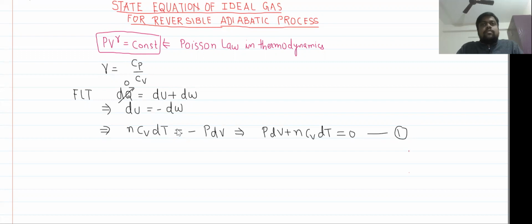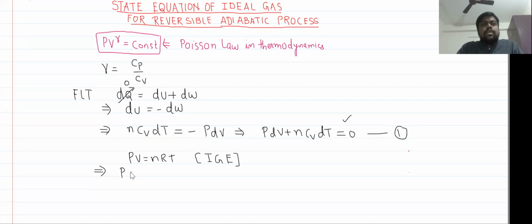Now, since there are so many variables here, we need to find one more equation, which can be found from the ideal gas equation itself. So PV equal to nRT, from the ideal gas equation, and everything is in differential form. In the first equation we got everything in differential form. Let us differentiate this equation. So we will use the UV rule to differentiate.